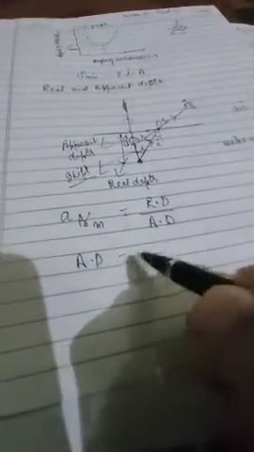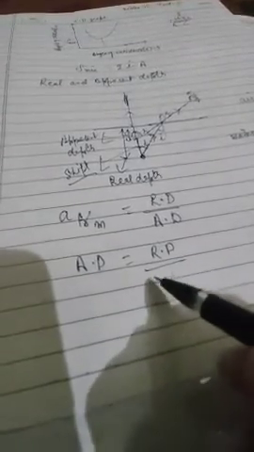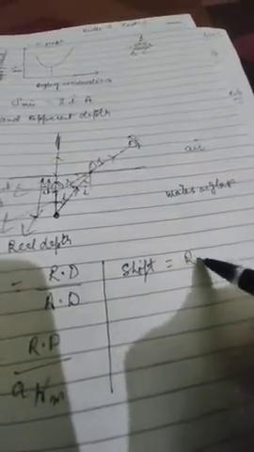So from here we can calculate apparent depth, which is equal to real depth upon the refractive index of the medium with respect to here. From here we can find the shift, that is equal to real depth minus apparent depth.